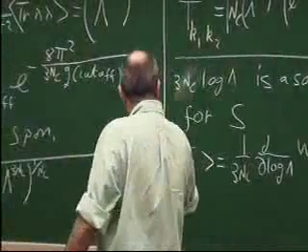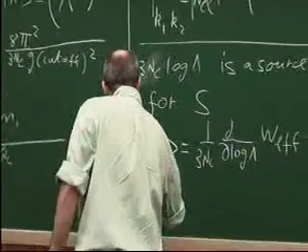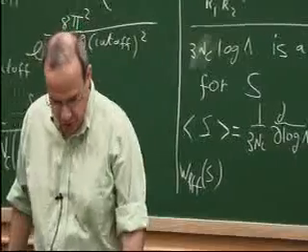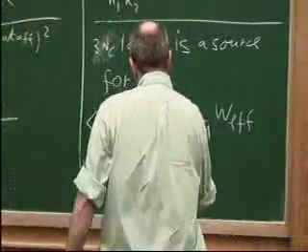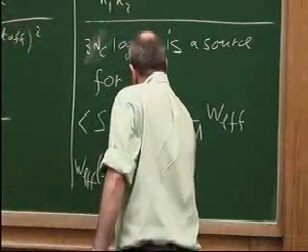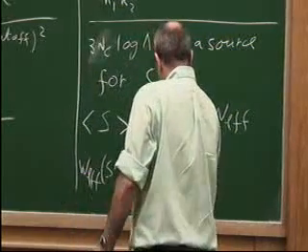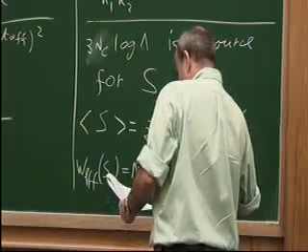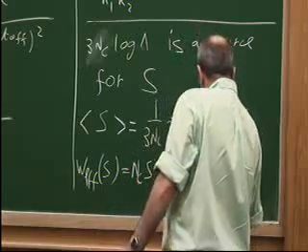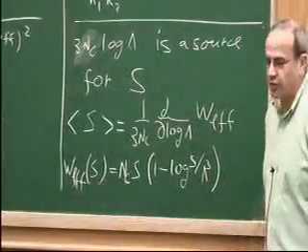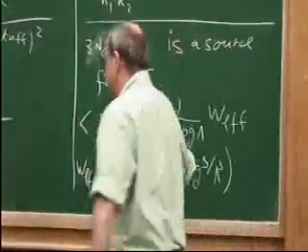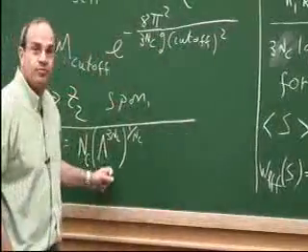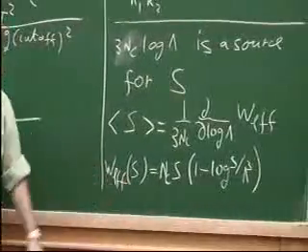So we can perform a Legendre transform and find W effective of S by performing this Legendre transform, which is NC S times 1 minus log S over lambda cubed. And you can check that if you perform the Legendre transform between this and that, so if you perform Legendre transform on this, you find this. If you perform Legendre transform on this, you find that.